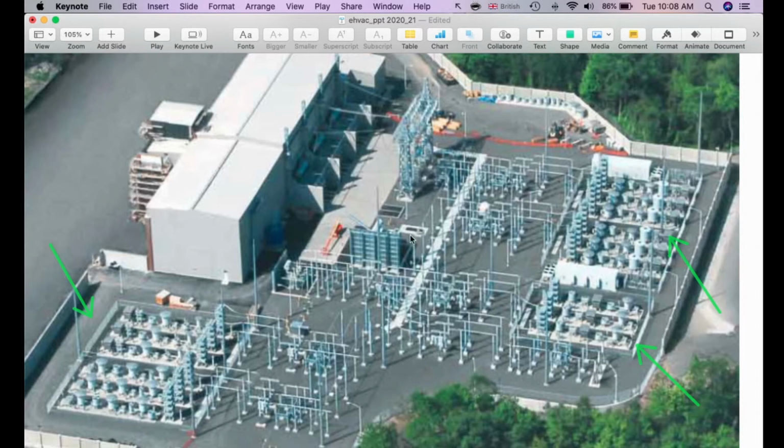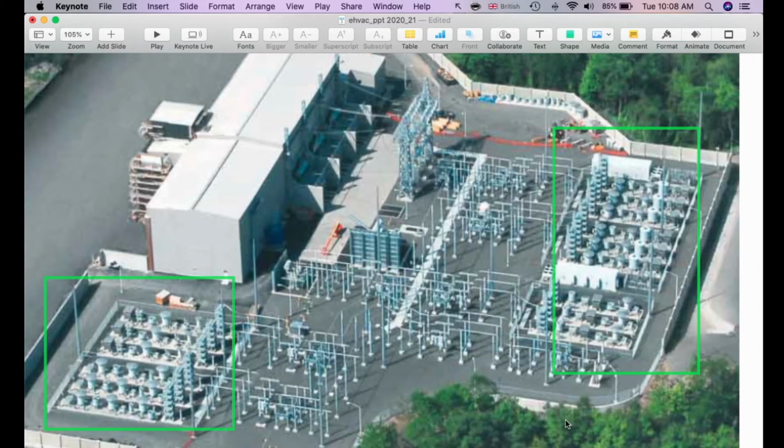Because of the converter operation of HVDC scheme, a large amount of harmonics are produced. That is why we require harmonic filtration. So a major portion of the switching yard is covered by the filters. The filter yard is covered, this part is also filter, and similarly the left hand side also has filters. So this is a filter yard.